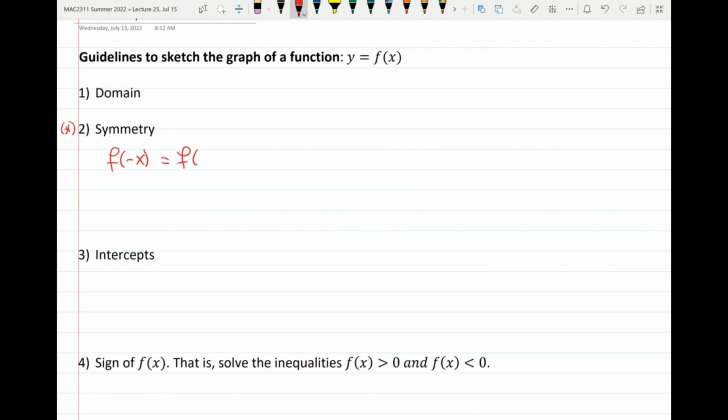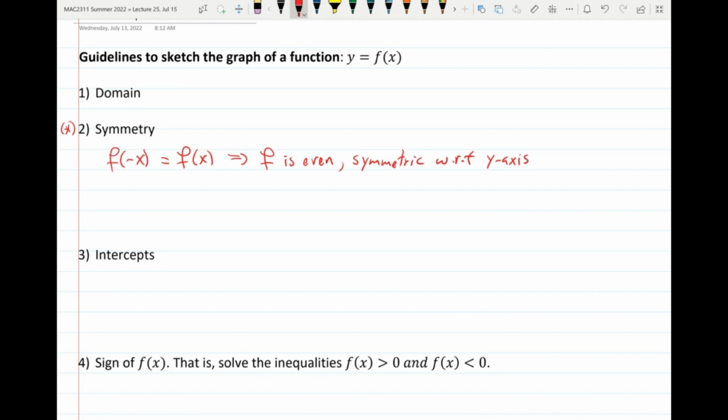If after simplifying you get back the original formula, the function itself, this means that f is even, which means geometrically that it is symmetric with respect to the y-axis. That means you only need to graph half of the graph of the function, because the other half you get for free, just by using reflections.